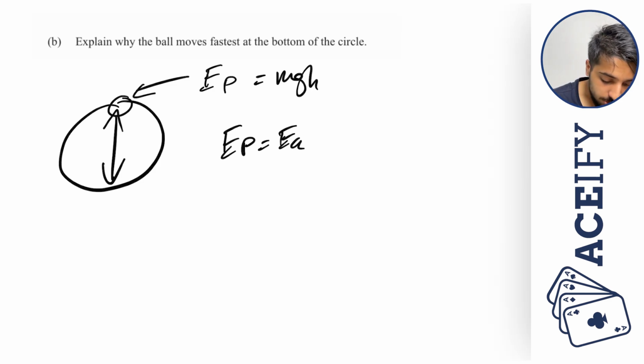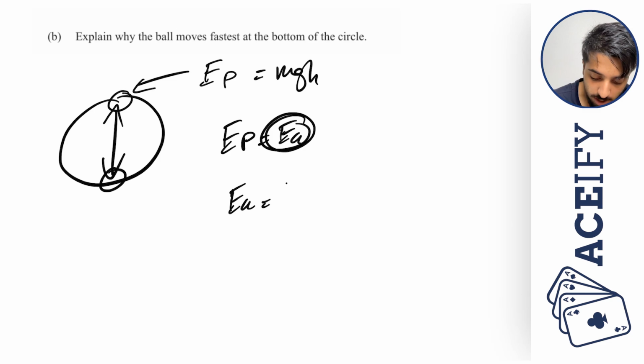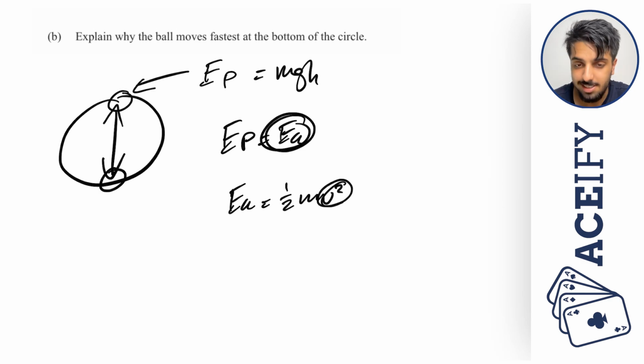At the lowest point, where it's going to have the least amount of EP, it's going to have the most amount of EK. Now we know that EK is equal to half mv squared, and so therefore the only changing factor in this equation is the velocity, because the mass of the ball does not change between when it's at its highest point and at its lowest point. So the only thing that can change is its velocity. So when it's at the lowest point, it has the most velocity because it has the most amount of EK.